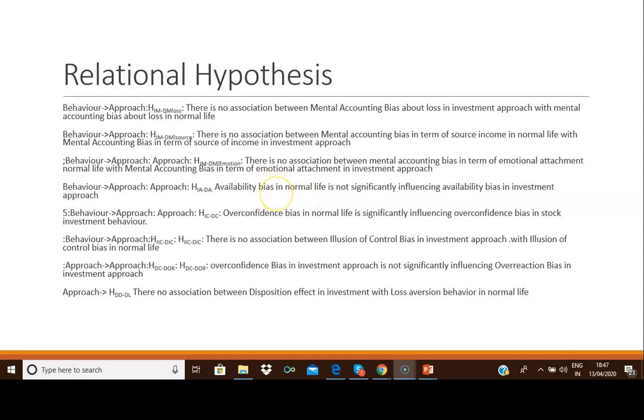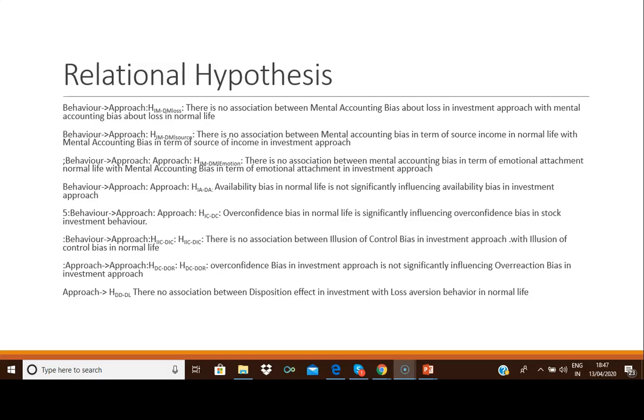The null hypothesis: overconfidence bias is not significantly influencing the overconfidence bias in the stock investment behavior. If you look into the next, the overconfidence bias in investment approach is not significantly influencing the overreaction bias in the investment approach.